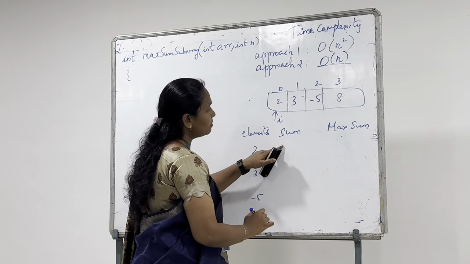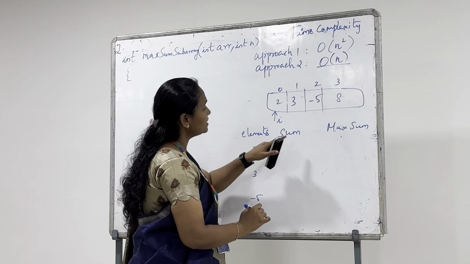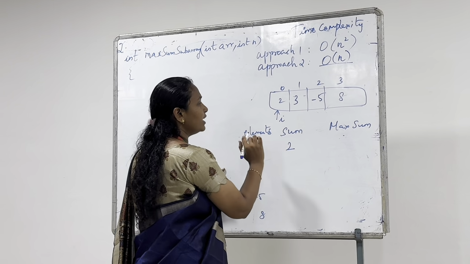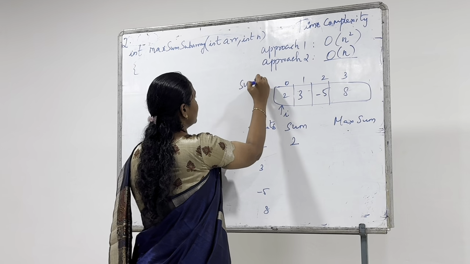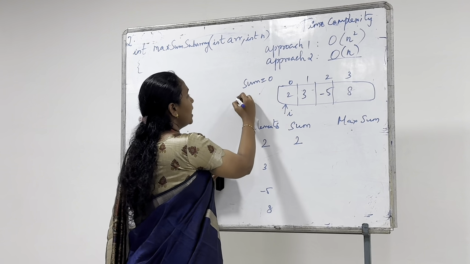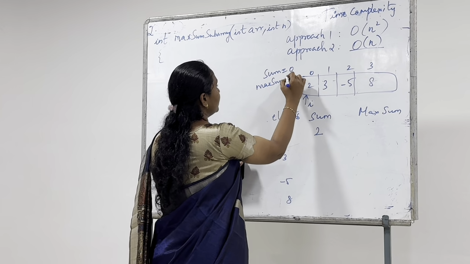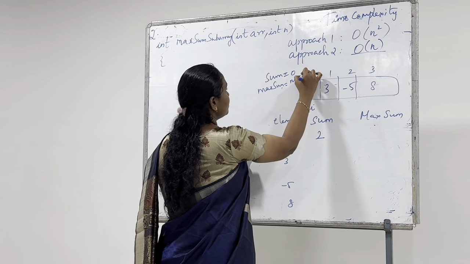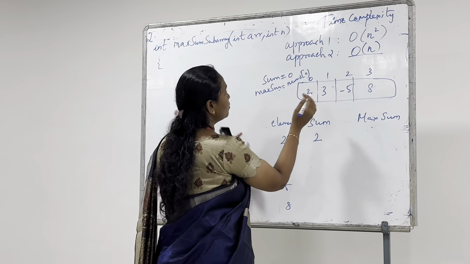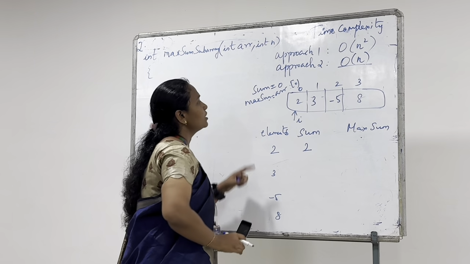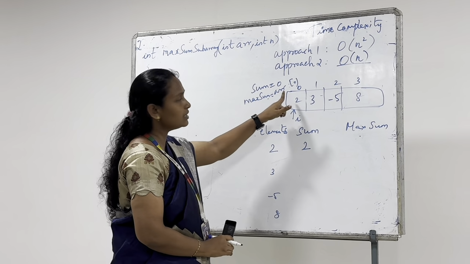Compute the sum: sum is equal to sum plus array of i. The previous sum value was assigned as 0. And the maximum sum is initialized as array of 0, where the array name is ARR. So sum is 0 and maximum sum is array of 0.